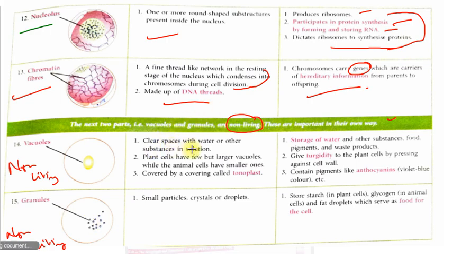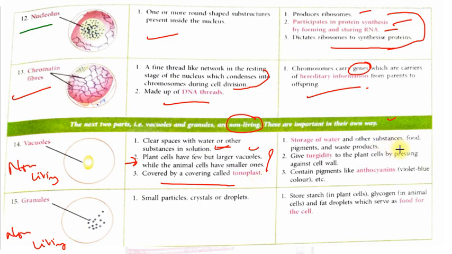These vacuoles have clear spaces with water or other substances in solution. Plant cells have few but larger vacuoles, while animal cells have smaller ones. This is the difference. They are covered by a covering called tonoplast.